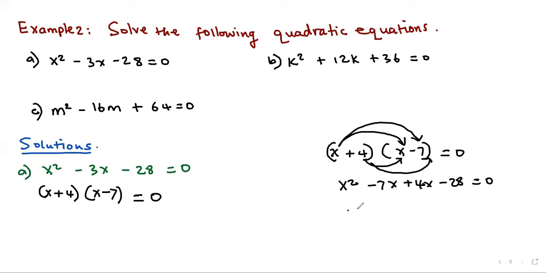So x squared minus 7x plus 4x minus 28 equals 0, which is x squared minus 3x minus 28 equals 0. You see that this one is the same as this one? Yes. So that's how you do it. You can even check and see that your answer is correct.